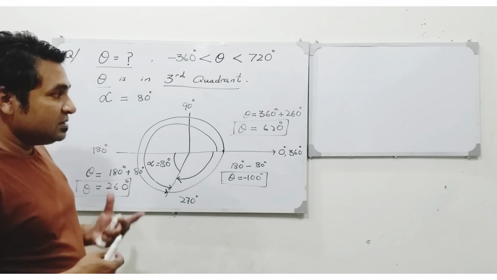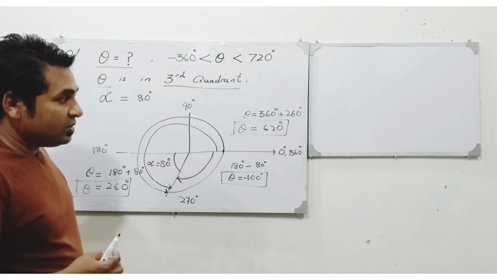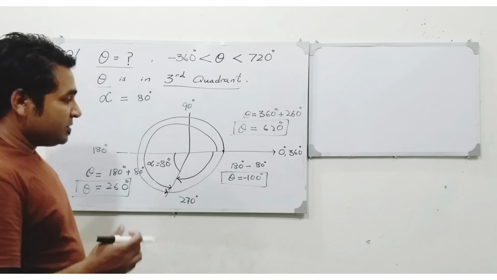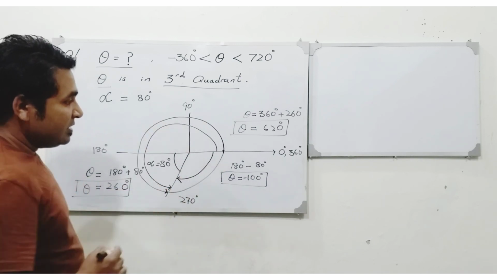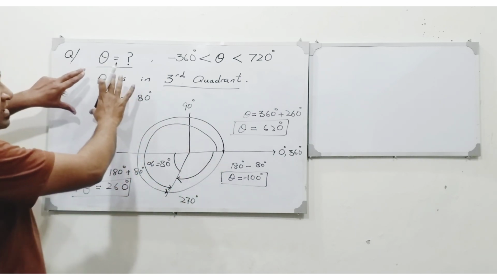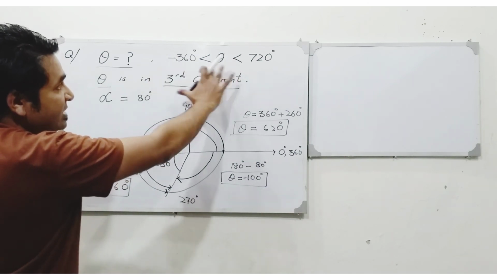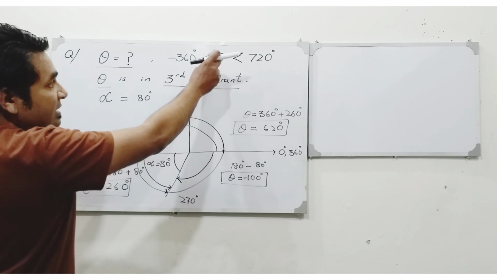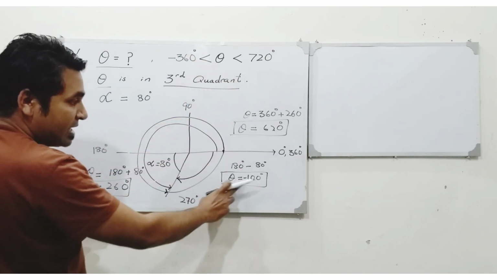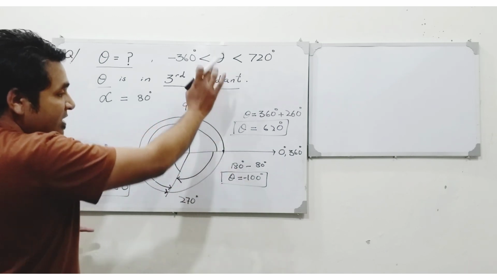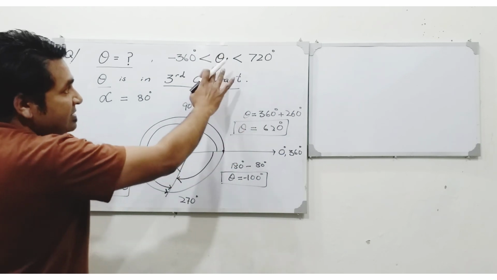So hopefully you have learned how we find the values of theta if these specific conditions are given, and you cannot go beyond this range. You have to be in this range: minus 100 comes in this range, 260 comes in this range, 620 comes in this range.